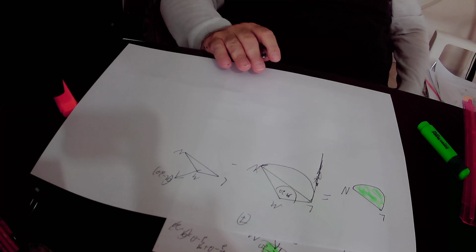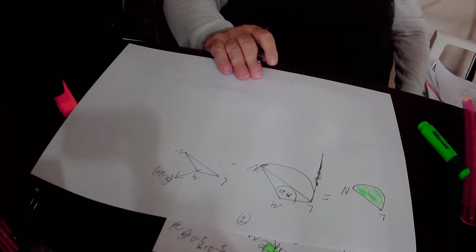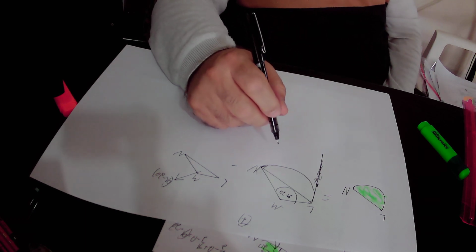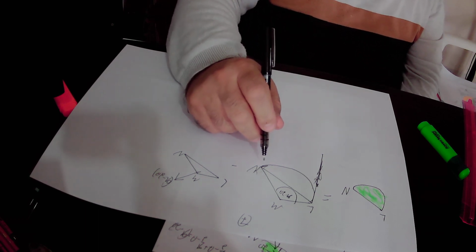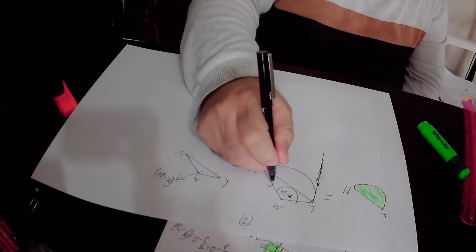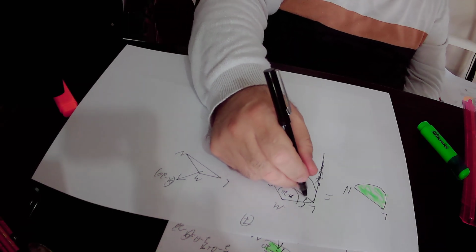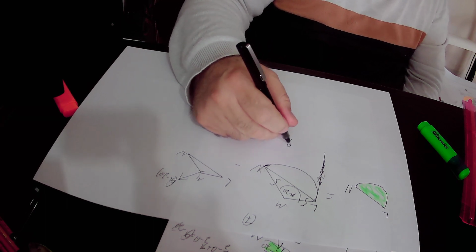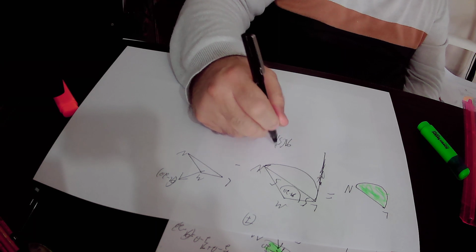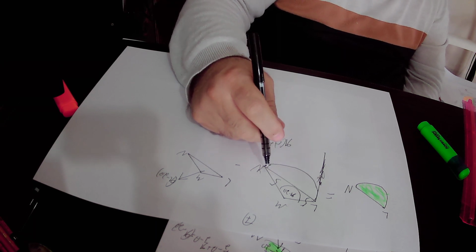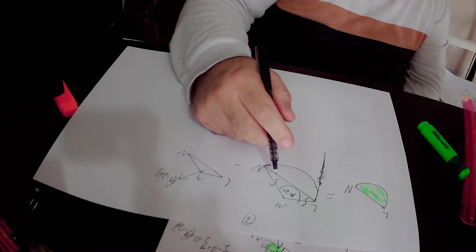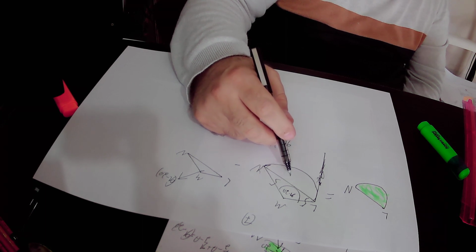So here the area of sector LMN equals the area of the circle with radius 5, pi r squared, so r is 5, so it is pi times 5 squared times the percentage, how many percent this sector occupies out of the whole circle.